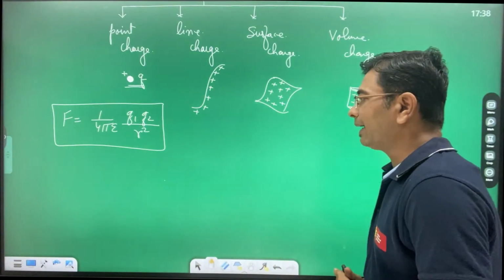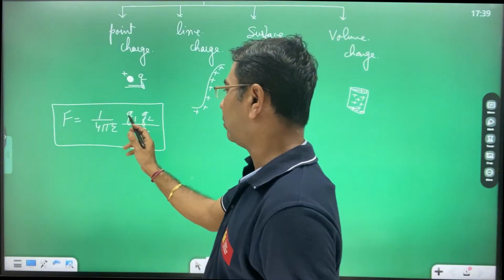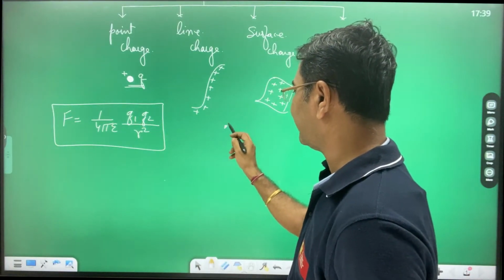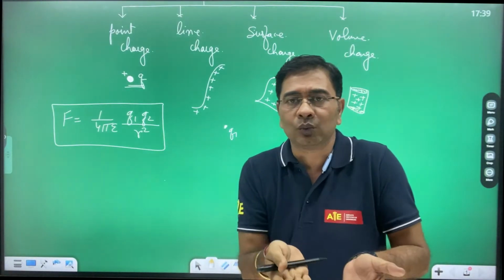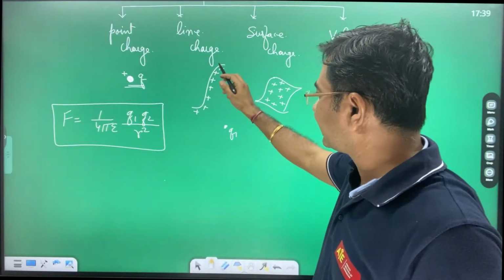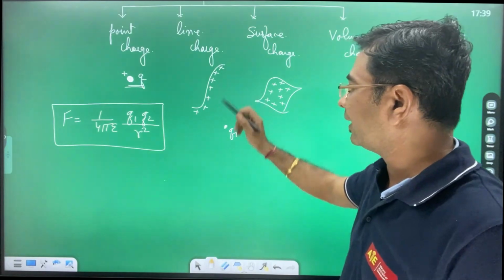लेकिन problem ये है कि you might have this q1 or q2. You might have a point charge over here which is q1. But where is that q2? ये q2 तो अब distributed है in the form of a line.